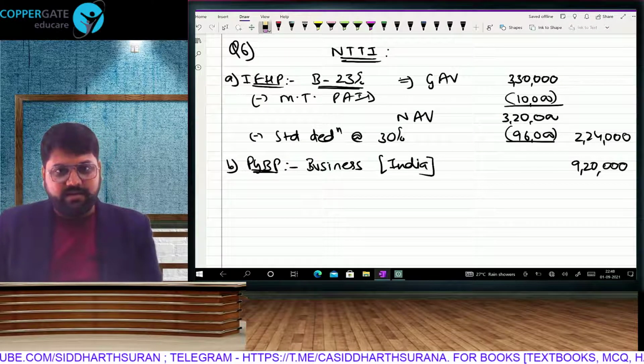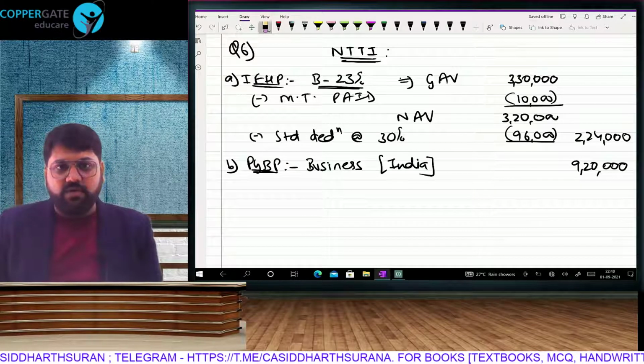So, what are we writing? Write down, please. Agriculture income exempt only if in India.